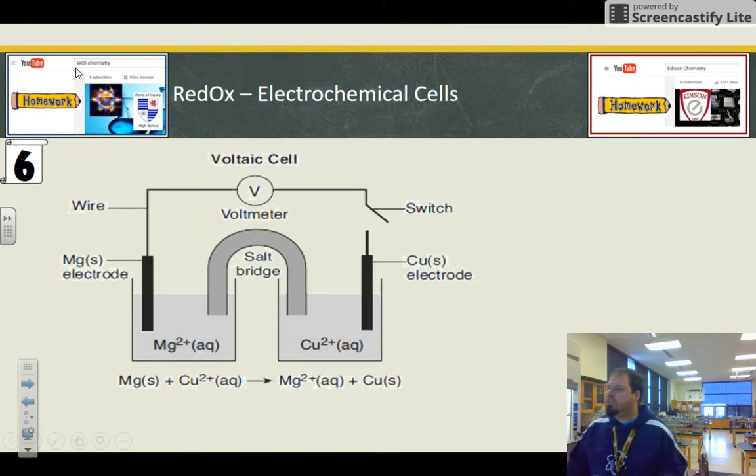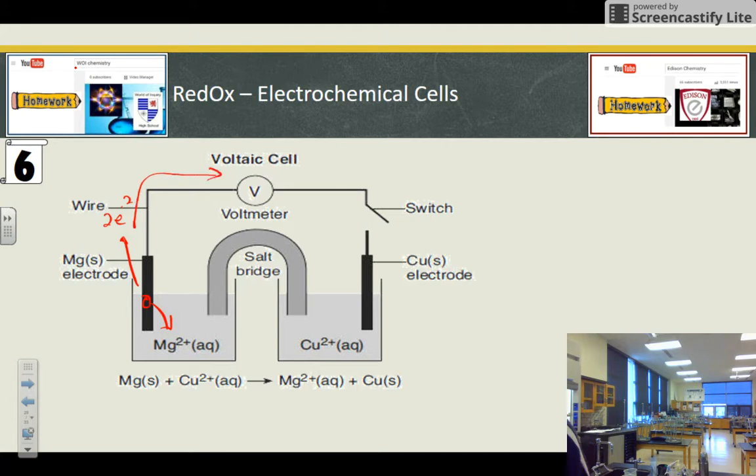All right, so let's just talk a little bit about this picture and what's going on, to further explain it because we have a little bit of time. So I have this Mg0, right? And so the electrons are going to go from Mg0, and Mg+2 is lost electrons. When the Mg atom here loses 2 electrons, they go this way. This is where the Mg+2 falls off into solution when that happens.